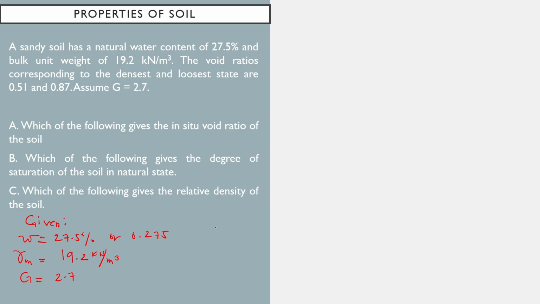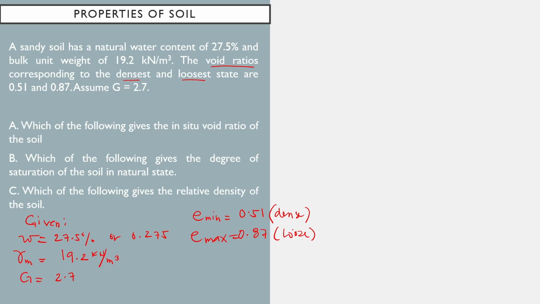And then, dito binigay yung dalawang void ratio for densest and loosest state. So, dito yung minimum and maximum na void ratio. So, yung minimum void ratio, ito yung 0.51. Ito yung densest. So, tandaan na kapag minimum void ratio, densest, yun yung dense. While dito sa maximum void ratio naman, ito yung 0.87, ito yung loose soil, yung wagwag.